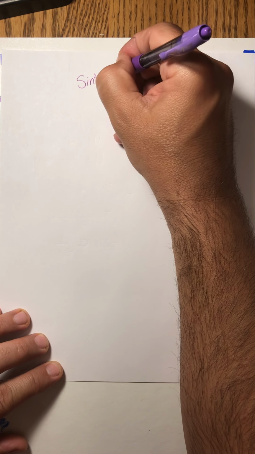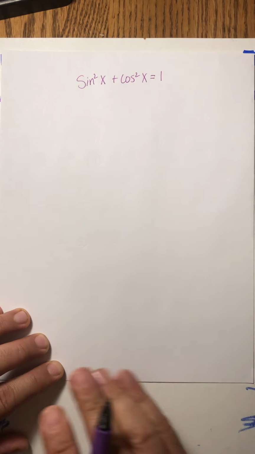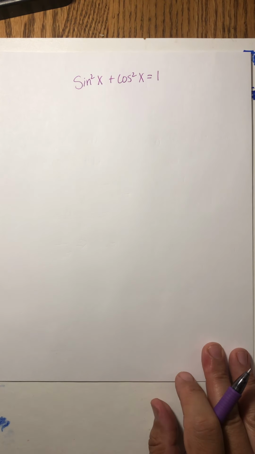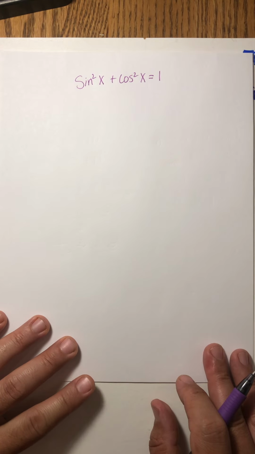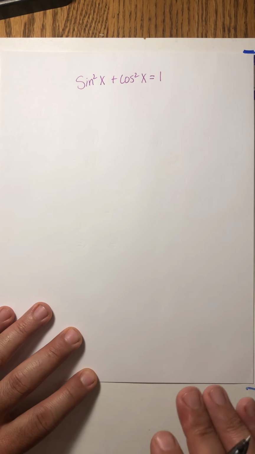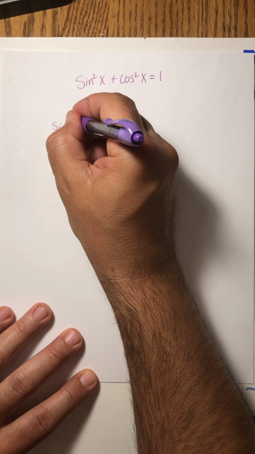I'm going to use the letter x. Okay, that's the Pythagorean identity that we picked up when we did the unit circle. I'm going to do one thing on this Pythagorean identity, and I'm going to create a new identity. I'm going to take this expression and first of all rewrite it.